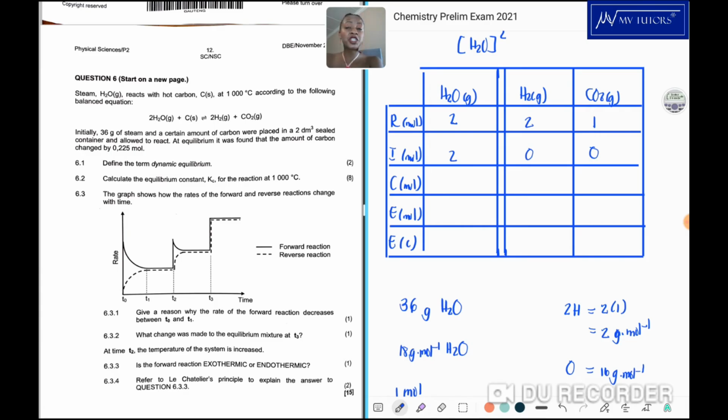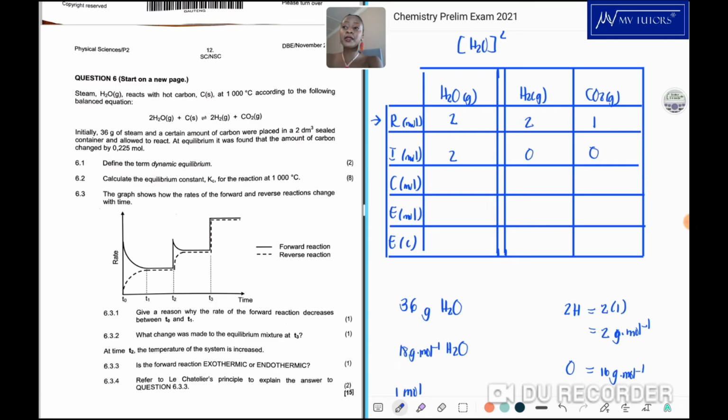And now let's look at the change. Have they mentioned anything about change? Yes, they did say at equilibrium, it was found that the amount of carbon changed by 0.225 mole. And this is where the ratios come in. We have 2 moles for hydrogen, 2 moles for steam, and 1 mole of carbon dioxide.